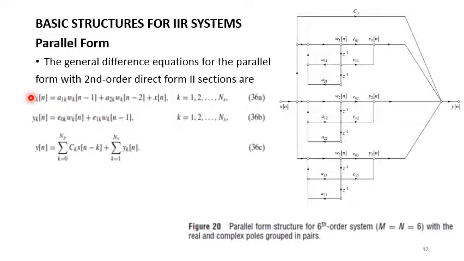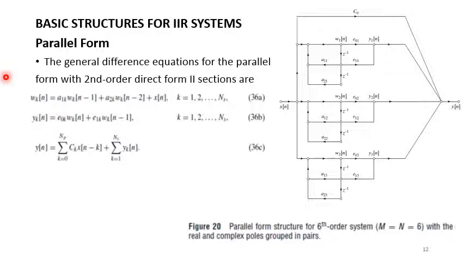We have wk[n] as the node, equal to a1k wk[n-1] plus a2k wk[n-2] plus x[n], with k running from 1 up to Ns.